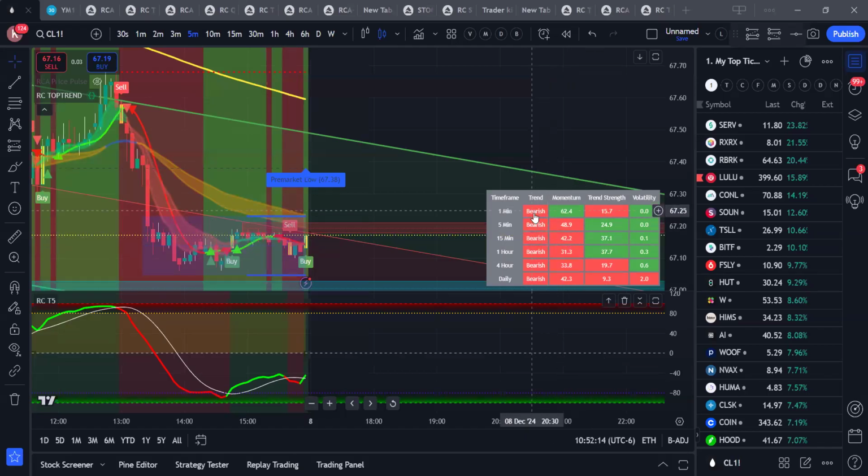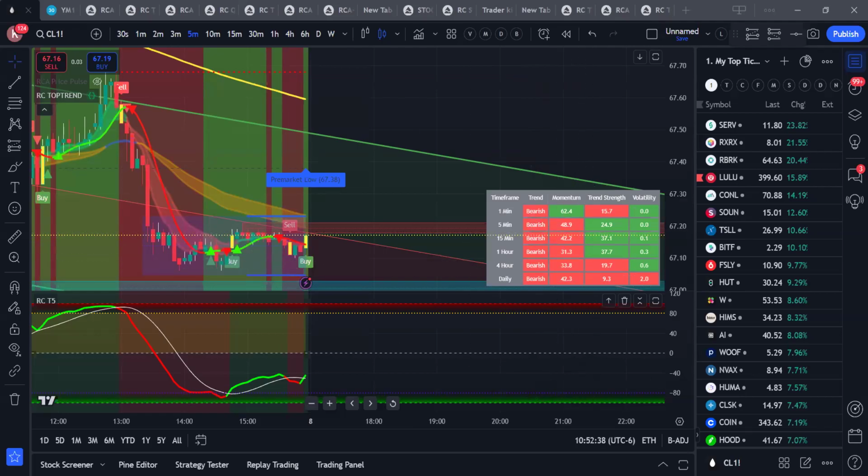But again, especially if you're doing prop firm trading, all you want is 2 or 3 good setups every day. So you are not only looking for day trading, but you are also looking for tickers with all the time frames bullish, momentum green, trend strength green. That means your risk is nearly only 1%. 99% you will make profit, right?